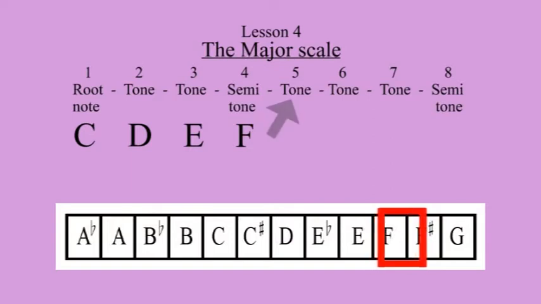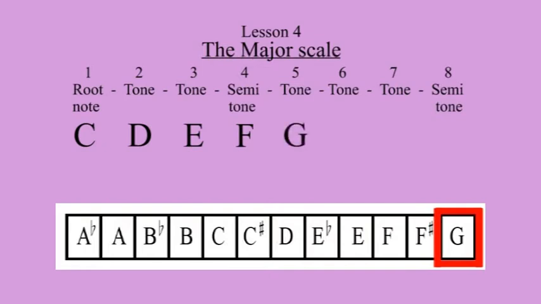Using the alphabet, a tone up from F is the note G. We can now write G underneath tone number 5. If you look at our alphabet, we are on the note G. In order to go a tone up from G, we have to go back to the beginning of our alphabet.